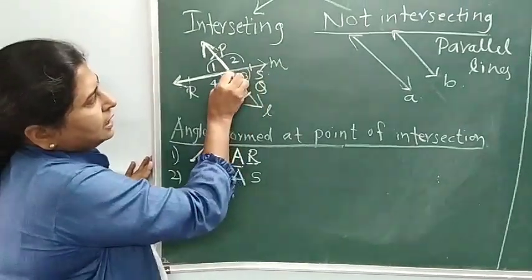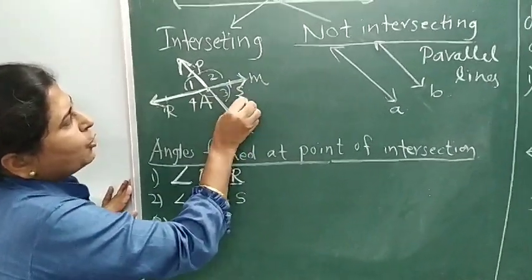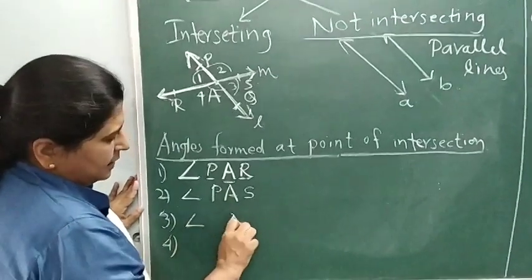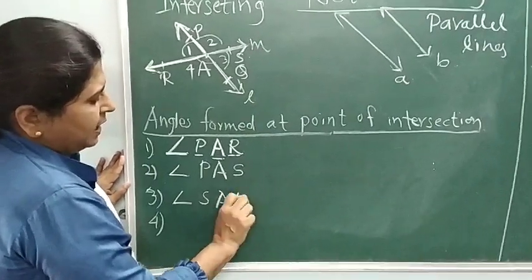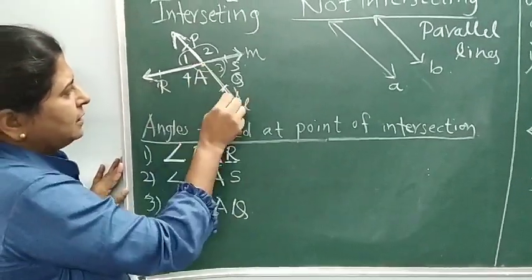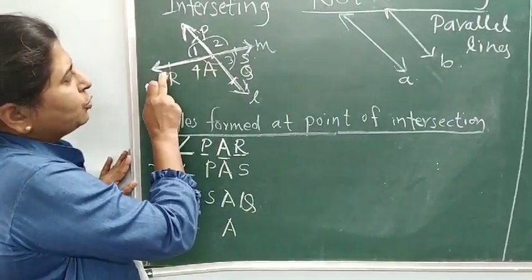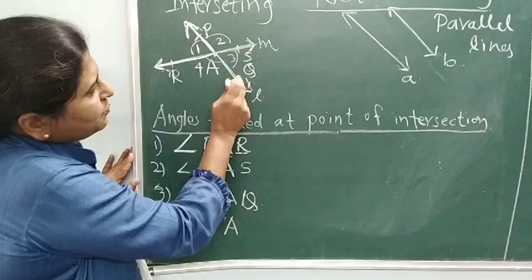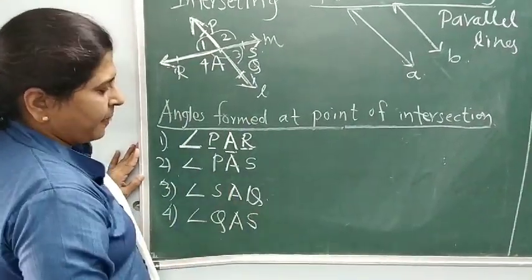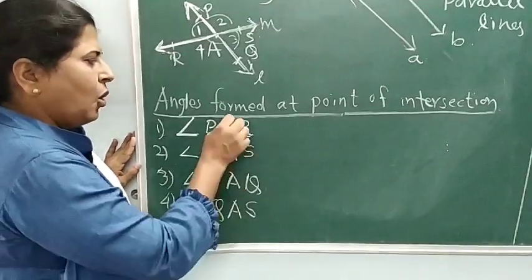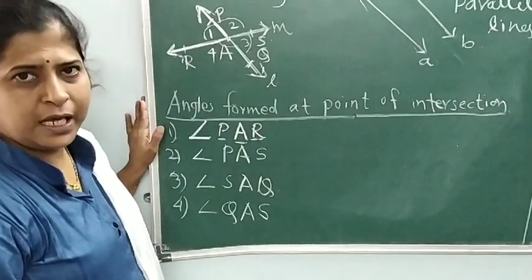The third angle, again the vertex is A, one arm going towards S and another going towards this point Q. So angle A in between S and Q, so SAQ. And the fourth angle, again the vertex is A in between, one arm going towards R and another going towards Q. So it's QAR. Okay. So here we have written the 4 angles formed at the point of intersection of these 2 lines.